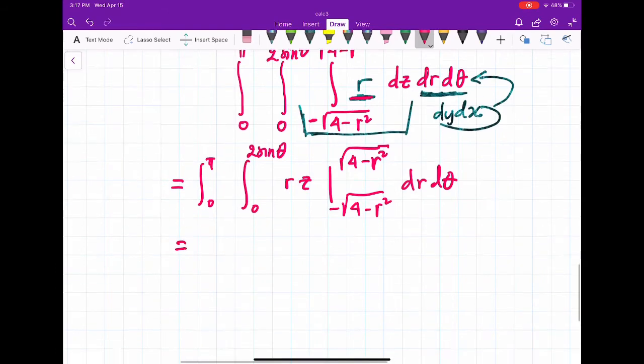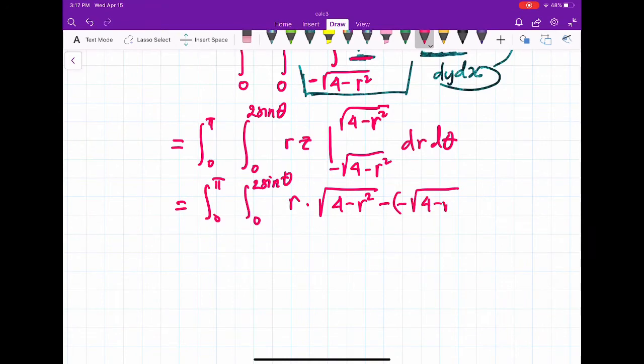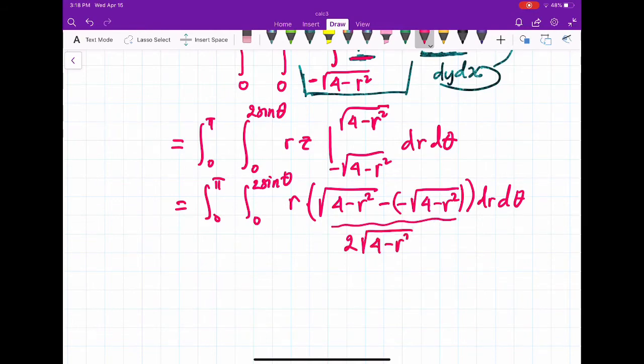You plug those numbers into the position of z: square root of 4 minus r squared minus negative square root of 4 minus r squared, dr d theta. What you get here is 2 times square root of 4 minus r squared, and we have r here, dr d theta, from 0 to 2 sine of theta, and from 0 to pi.